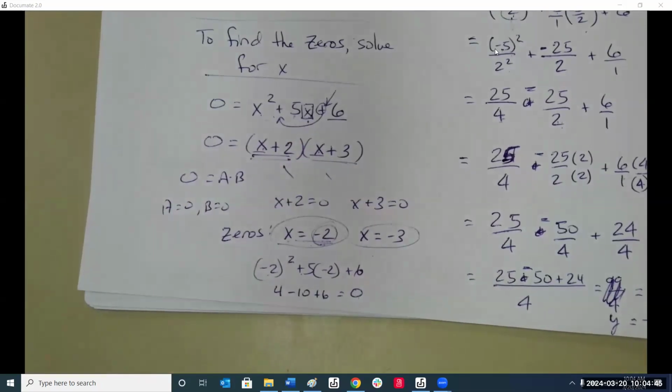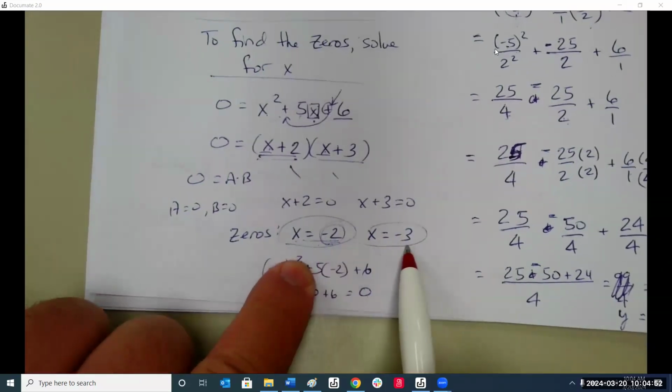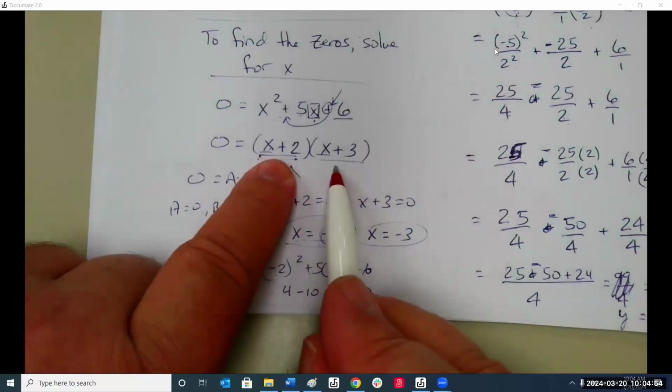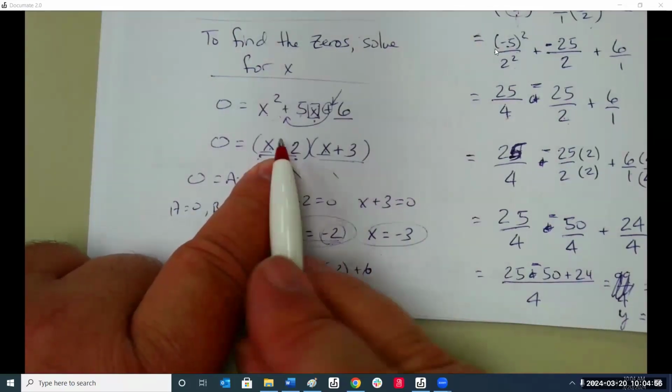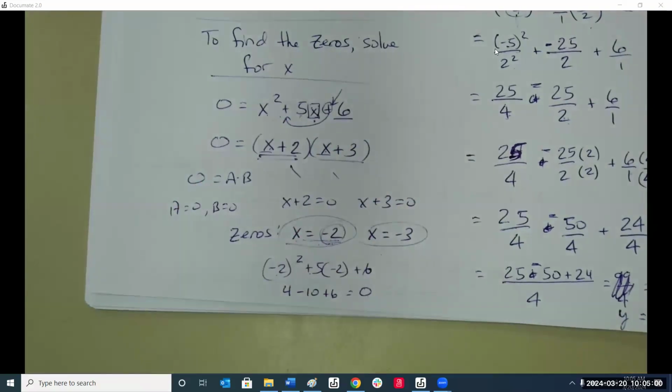In other words, if I give you the zeros, you can work backwards and tell me the polynomial. If I give you x equals negative 2, x equals negative 3, you multiply the factors together and give me that. So that's the connection of the both, and it's going to be important later on in this chapter.